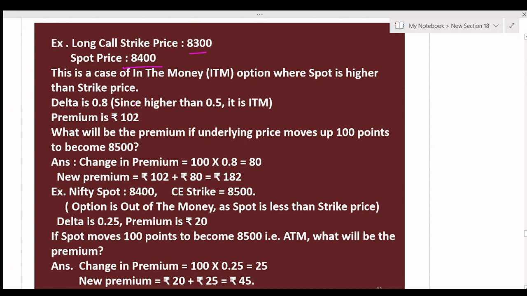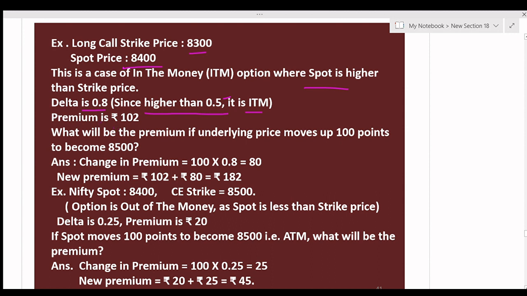So the case is an in the money option, that is ITM, where the spot is higher than the strike price, and it is given that delta is 0.8. Since it is higher than 0.5, and 0.5 is ATM, when it is 0.8, it will be an ITM situation.